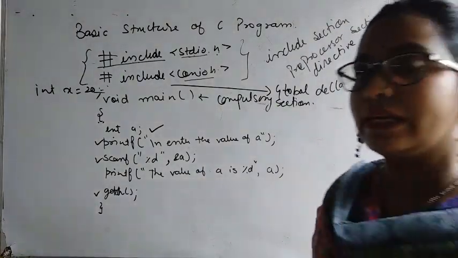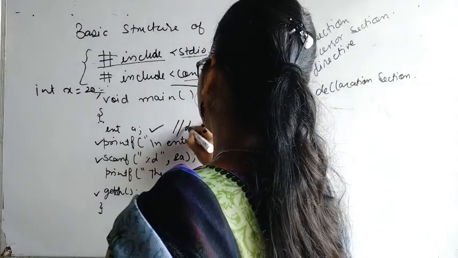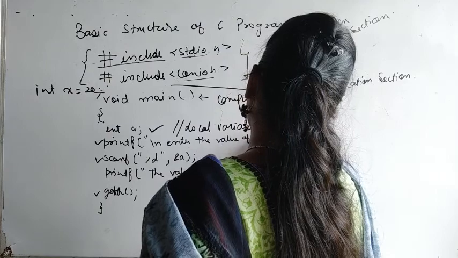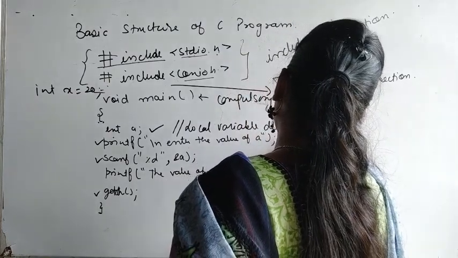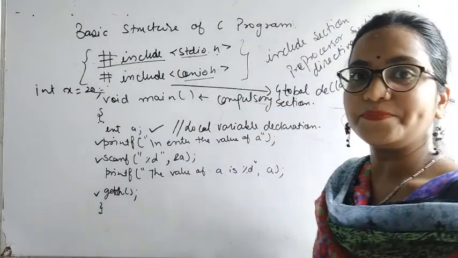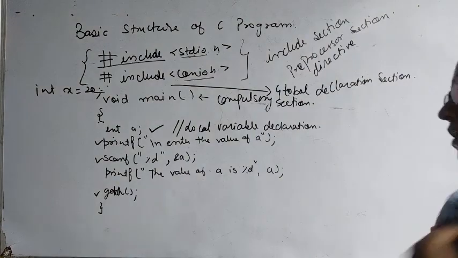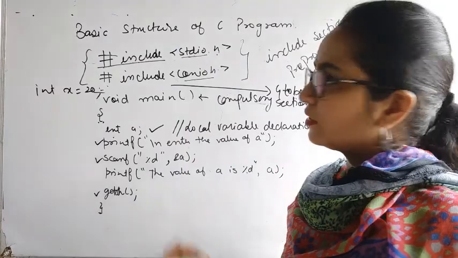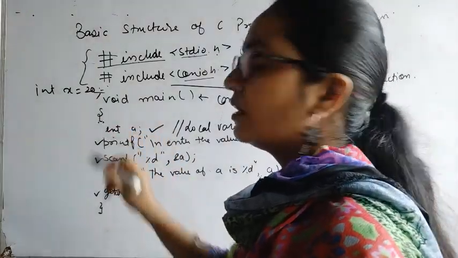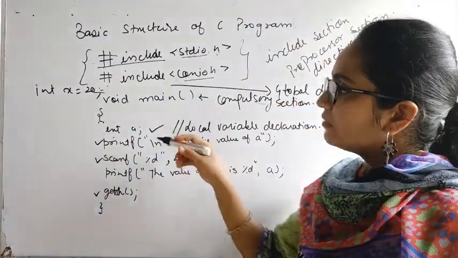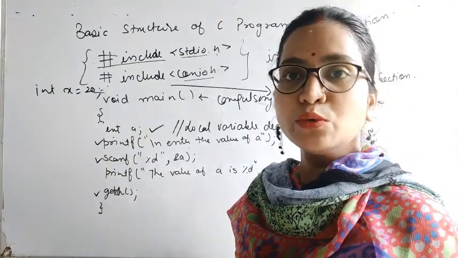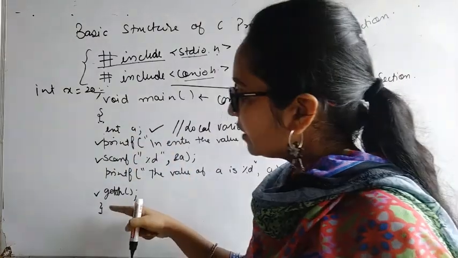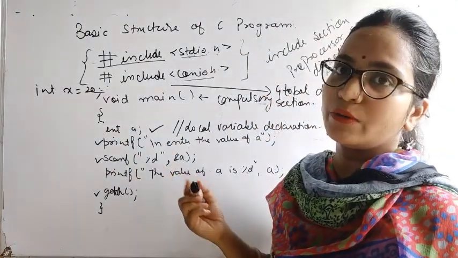This is a local variable declaration. All the local variables will be declared after the curly brace of the main section. Local variables are those variables that will be used only within that pair of curly braces. After this pair of curly braces, local variables cannot be used at all.